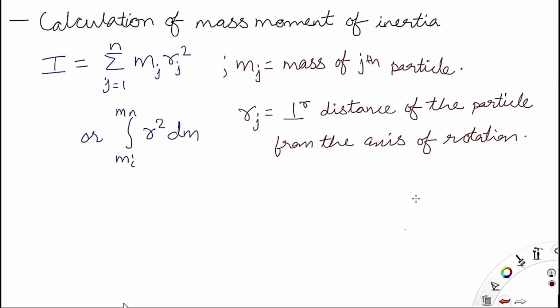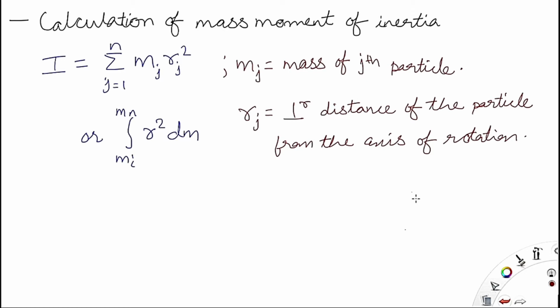So for the calculation of mass moment of inertia, we have the formula I is equal to summation of m r square. Or we can also do integration if we have variable mass and radius, then integration of the ith particle to nth particle has been done.